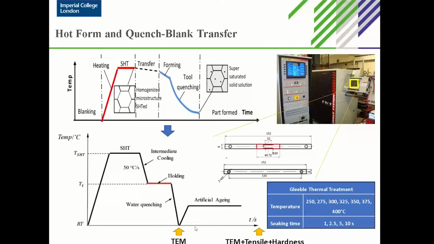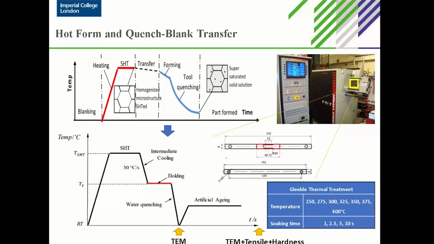So what we did is the TEM, transmission electron microscopy, directly after quenching, and also after the artificial aging, to look at the microstructures. At the same time, we conducted tensile and hardness tests after the aging, trying to build the processing map for the transfer process.